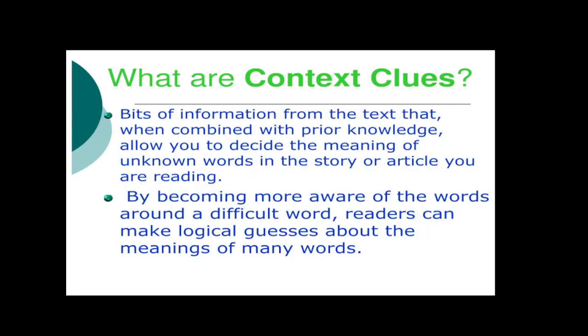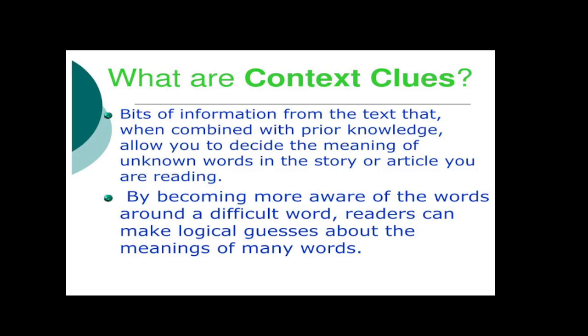What are context clues? Bits of information from the text that, when combined with prior knowledge, allow you to decide the meaning of unknown words in the story or article you are reading. By becoming more aware of the words around a difficult word, you can make logical guesses about the meanings of many words.